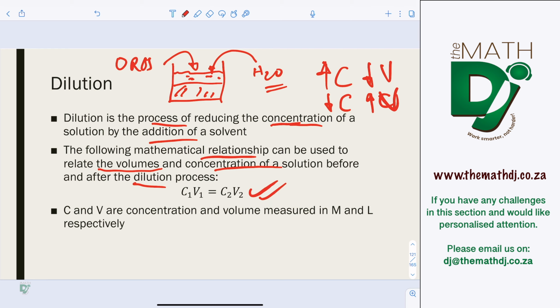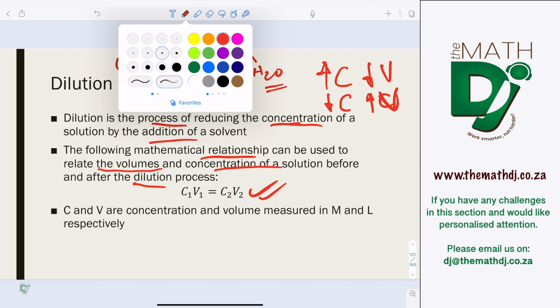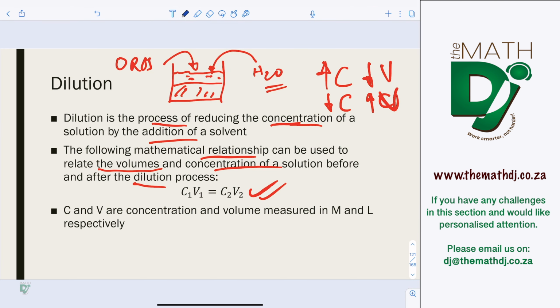So for example, we add water now. At first, maybe the volume was 10. Then when you add water, it becomes 20.